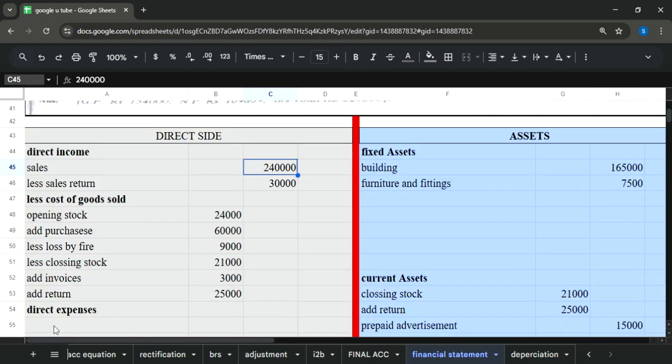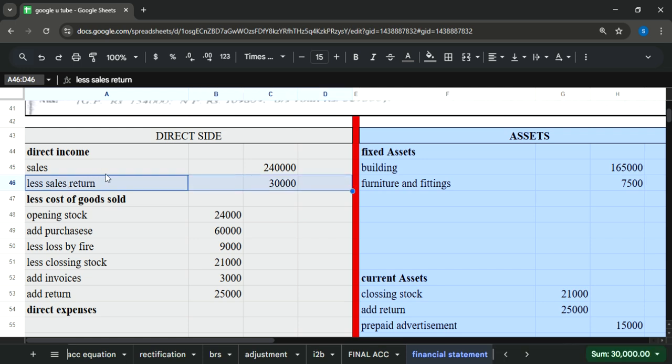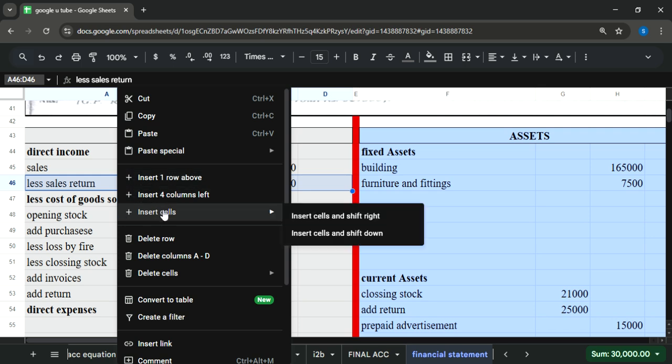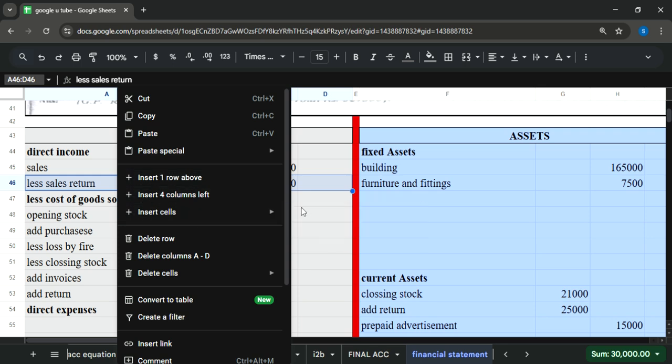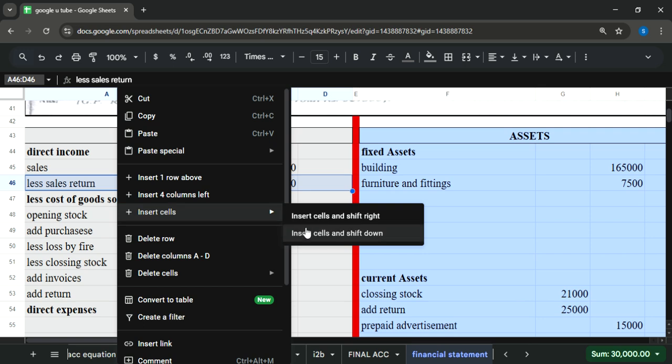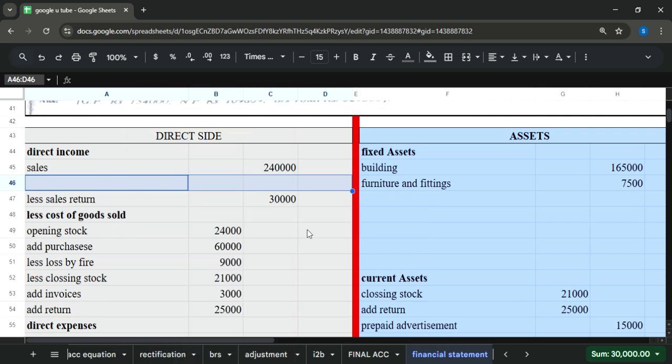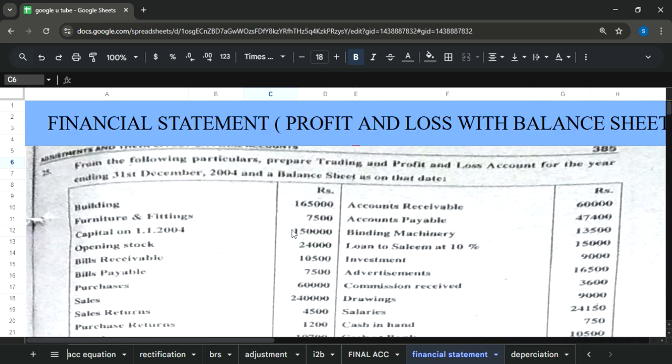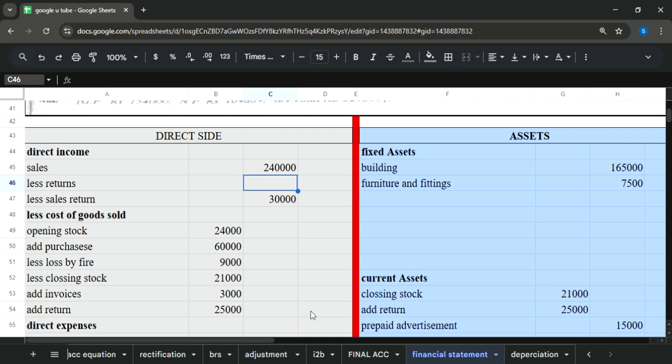So it means we need one more line, because first returns were already present and now there is another type of return. So you will write less returns, amount of sales return 4500, put amount in front of it.